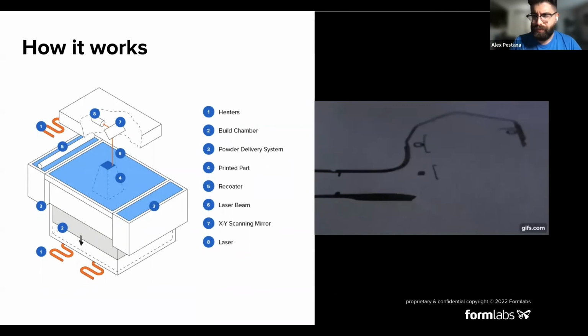And then Fuse really helped condense that, make it easy to use, and make it more accessible to the masses. You'll see on the left here, there's a little bit more going on than with the SLA systems, right? There's a system to deliver that powder into the build area. There's heater systems around it to make sure that the heat in the print area stays as uniform as possible.